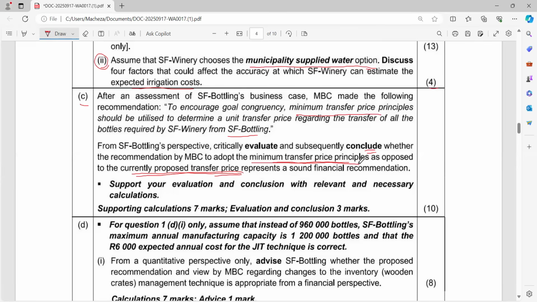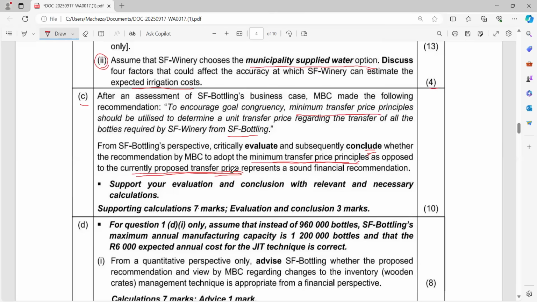So why I'm saying understanding the topic is very important. When you want to calculate your minimum transfer price, if you know how to calculate it, there is no way you cannot come up with a minimum transfer price. Then you calculate your minimum transfer price here. Sometimes in other questions, you don't even calculate the proposed price.